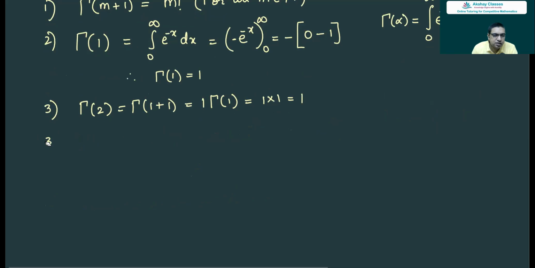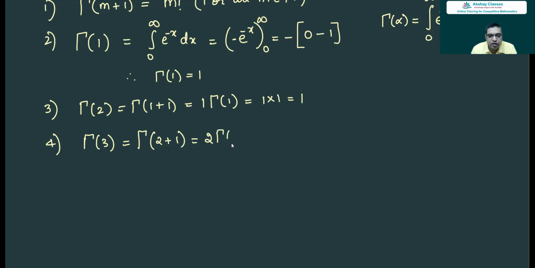Then next, gamma of 3. Gamma of 3 is gamma of 2 plus 1. So what will this be? It will be 2 into gamma of 2. So 2 times gamma of 2, which is 1. So you get 2.